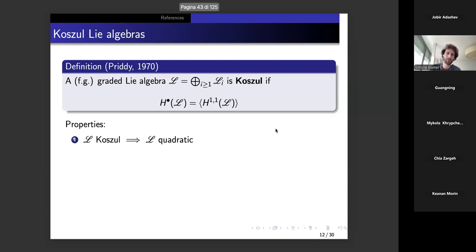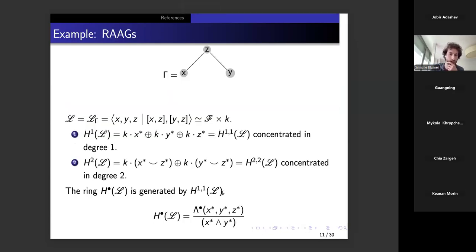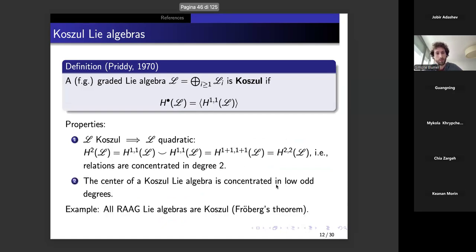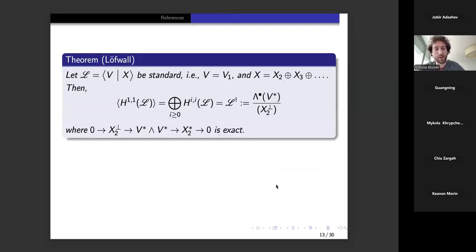So the phenomenon we saw here is not special for right-angled Artin Lie algebras. This is always the case. So good.